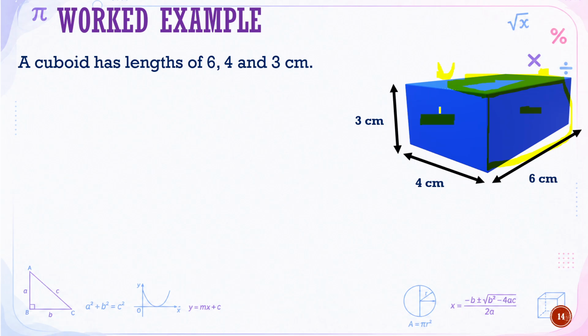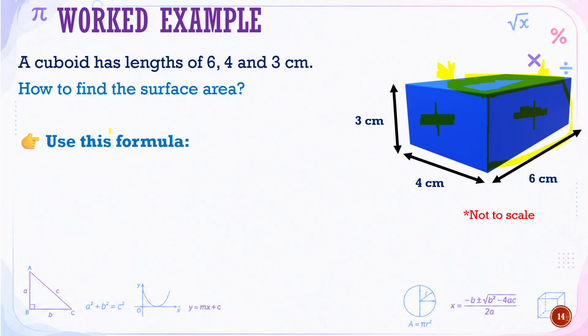Now, as this rectangle is same as the one behind, this one is same as the one behind, and the top rectangle is same as the bottom one. That's why we calculate the area of 3 rectangles and then simply double it. Correct?